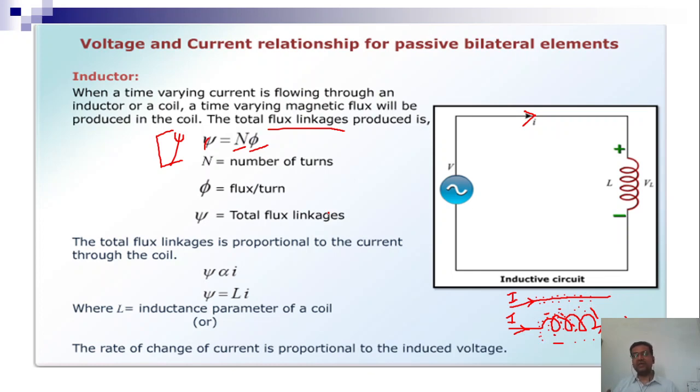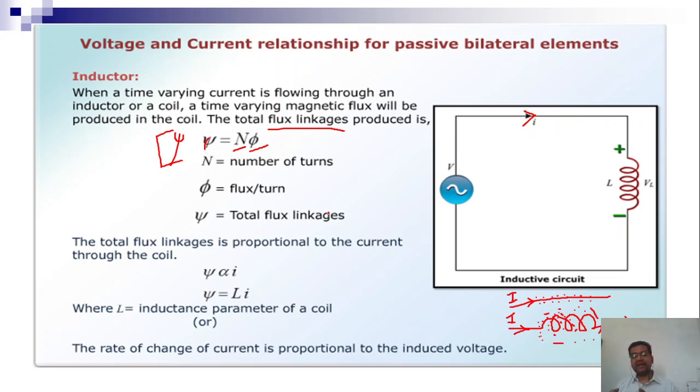Field and flux are similar terminology, but we cannot quantify the field, so we use flux as the measuring quantity of the field. Flux is nothing but lines of force.